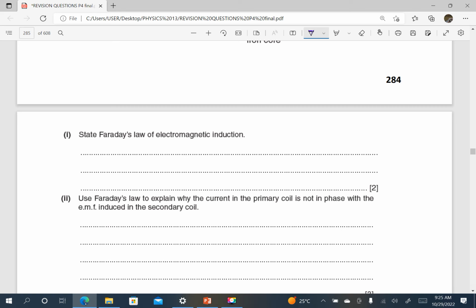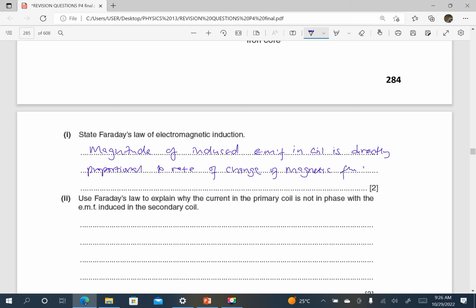Of course, we know that the magnitude of the induced EMF in a coil is directly proportional to the rate of change of magnetic flux linkage.